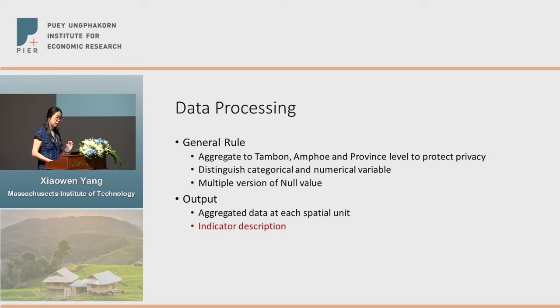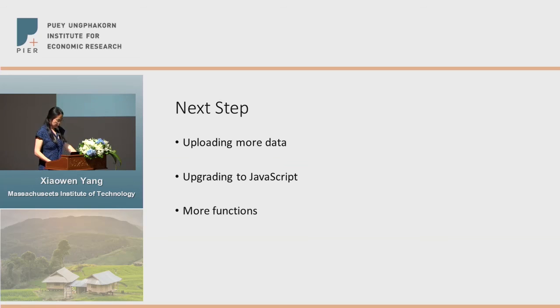If you type in a keyword, we can automatically give you a list of indicators which you could search and map. We wrote some programs to make the process automatic, but at the very end, we still need somebody to read through the documentation one by one. That's very time consuming.